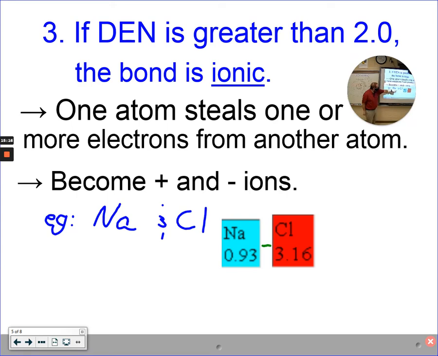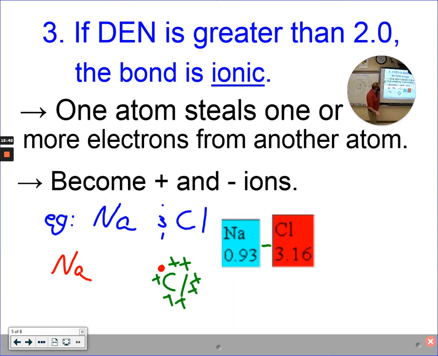In this case, chlorine's got her 7 valence electrons. Sodium, he's in column 1. He has 1 valence electron. She is so strong and so attractive, she literally steals his electron and doesn't even let him have it anymore.